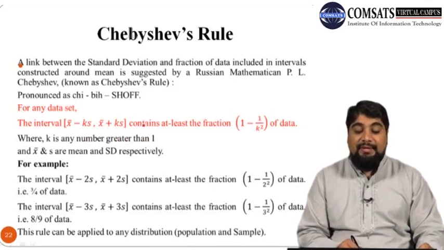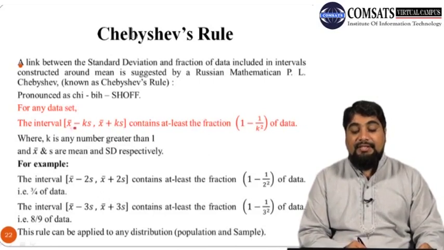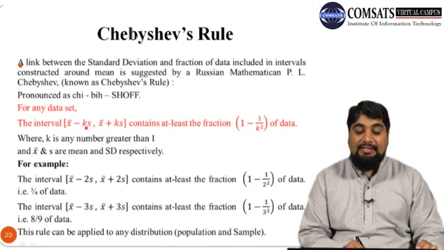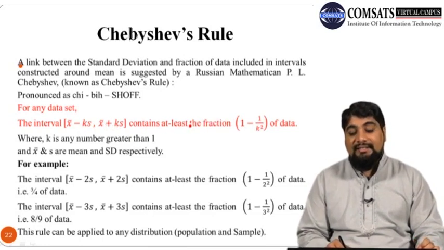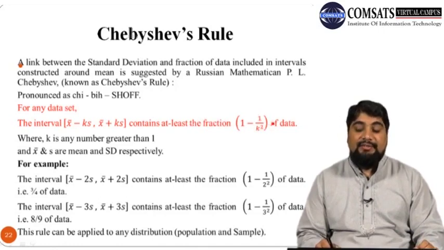If we construct this interval, that is, multiplying the standard deviation with a constant number k which is greater than 1 and then subtracting this product from the mean, we get the lower limit of the interval, and if we add this ks to the mean we get the upper limit of the interval. So this interval, x bar minus ks and x bar plus ks, contains at least the fraction 1 minus 1 over k square of the data.